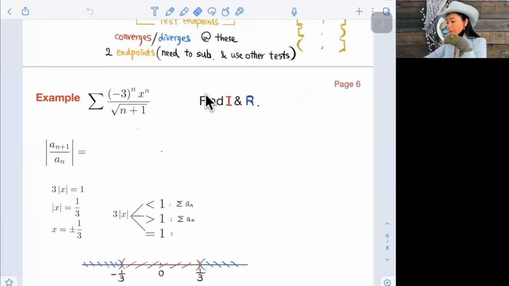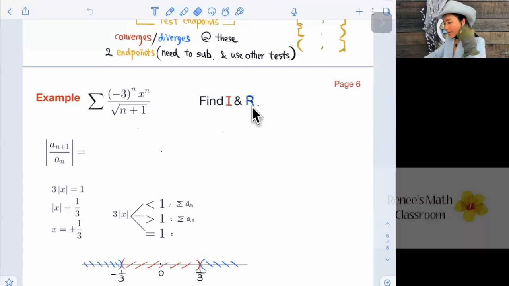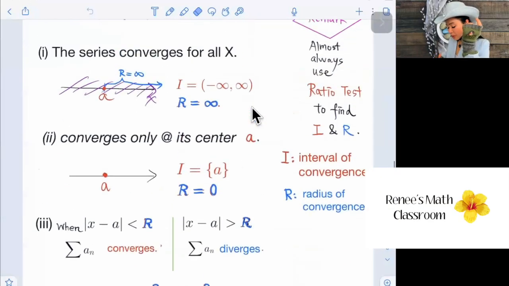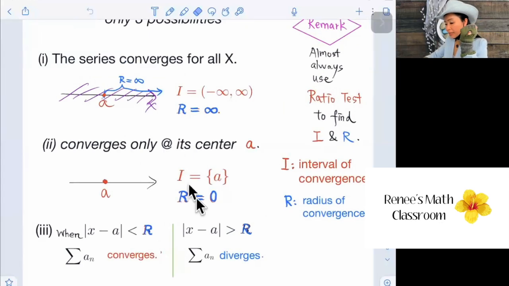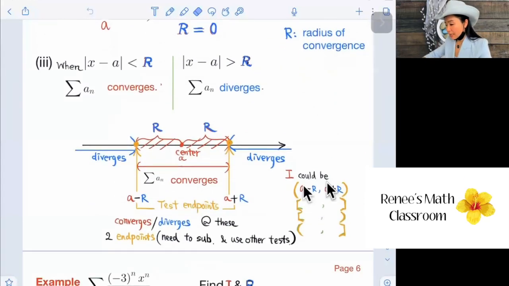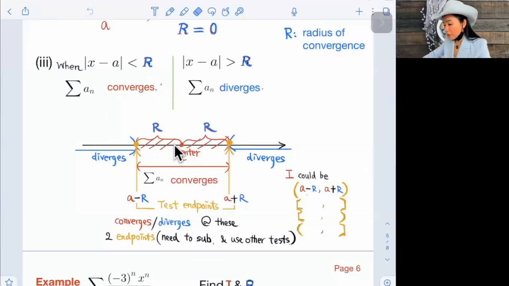The series will converge for all x, and the second one will be converge only at the center. And the third possibility is the series is going to converge within this radius of convergence from the center, and then diverge outside.